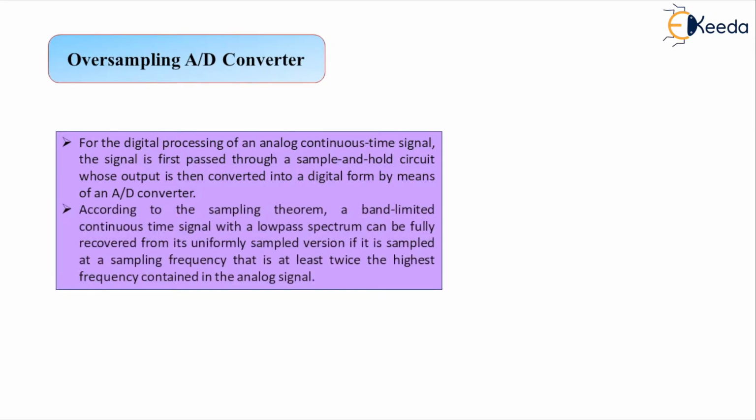This is a very important theorem in the communication of data, the sampling theorem, and the condition of the sampling frequency being at least twice the highest frequency should always be followed, otherwise we will have loss of information.